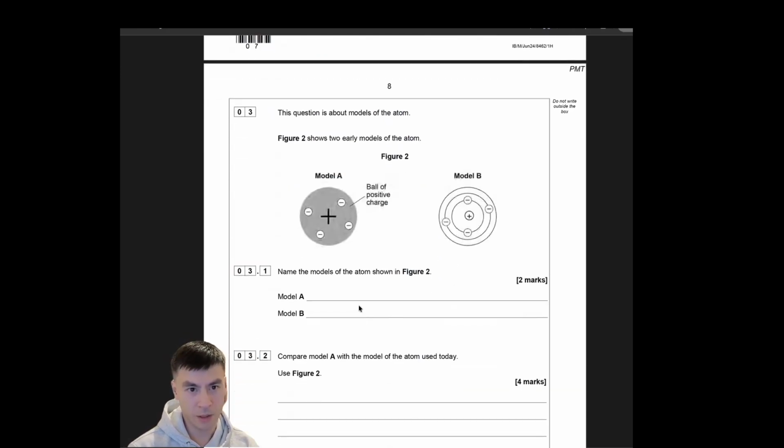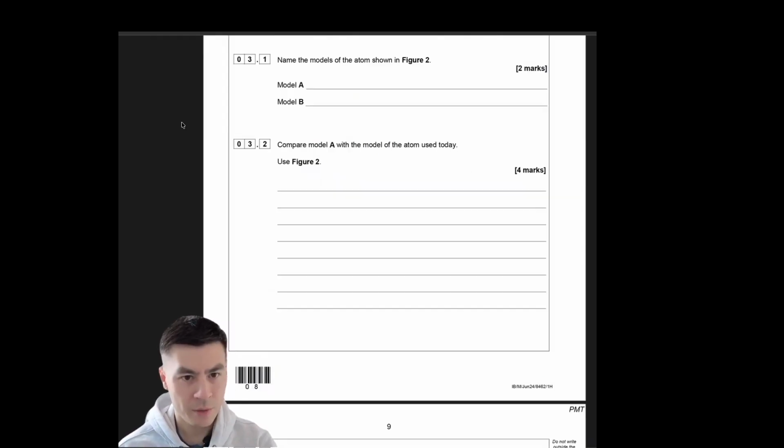Question 3. This question is about models of the atom. OK，咁呢個你見到呢個 positive charge，跟住有個 ball of positive charge 呢個就係一個 plum pudding 嗰個啦。呢啲要記得啊，冇得唔記得啊。You need to remember these。呢個應該係 Rutherford。Okay, 3.2.